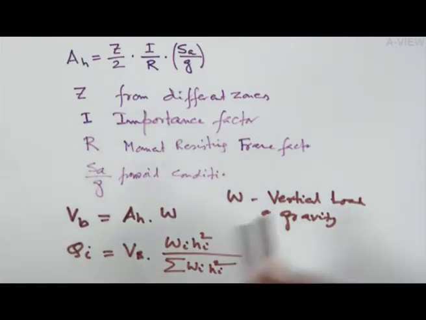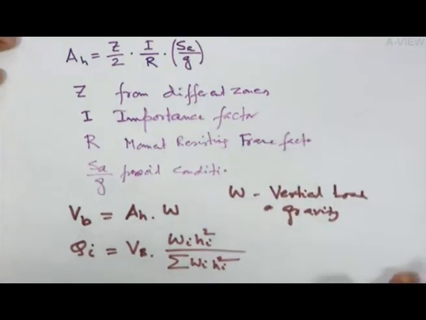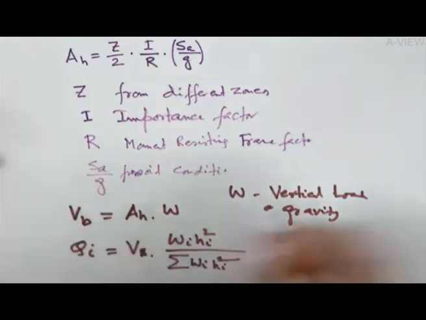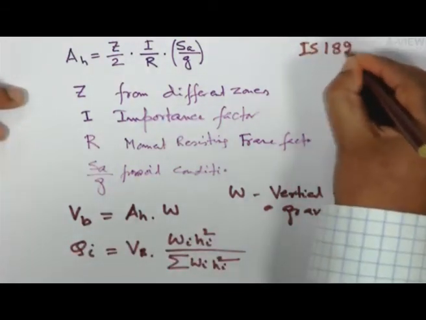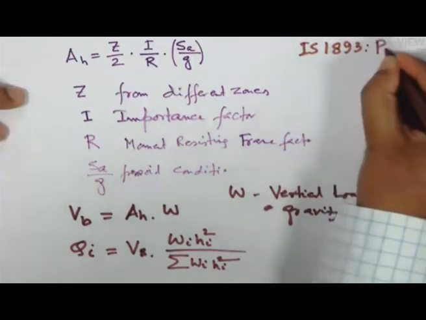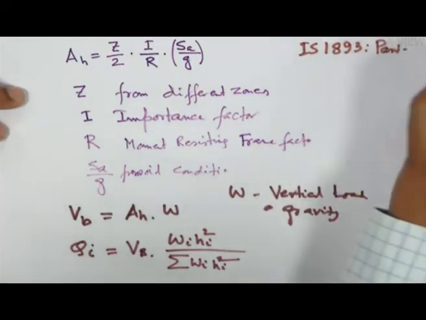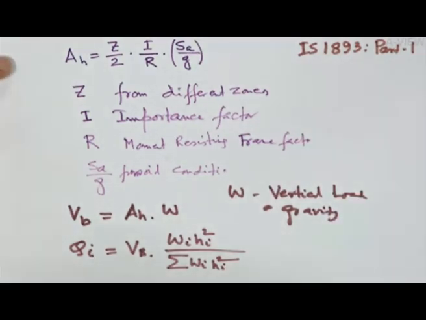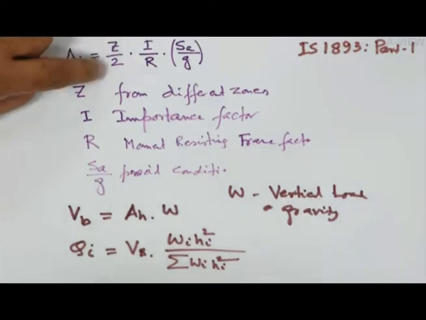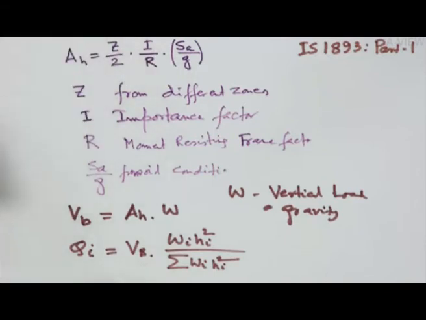So, just to summarize the whole thing, we shall use IS 1893 part 1, from where we shall get that Ah equal to Z by 2 into I by R into Sa by g.